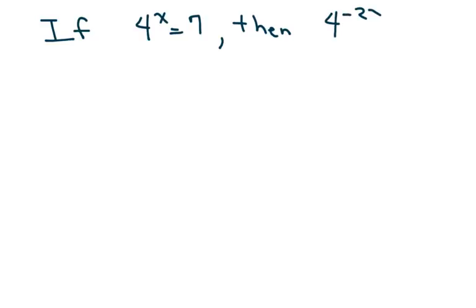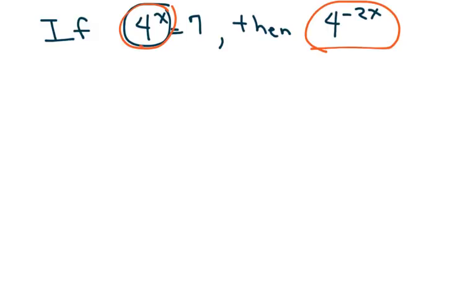Okay, 67. 67 is on your test. If 4 to the x equals 7, then what do they want? What is 4 to the negative 2x? So basically, what I'm going to do is write this here to help me get that.